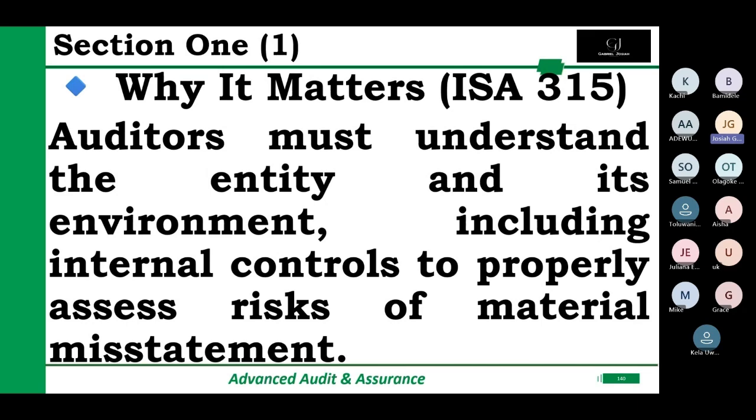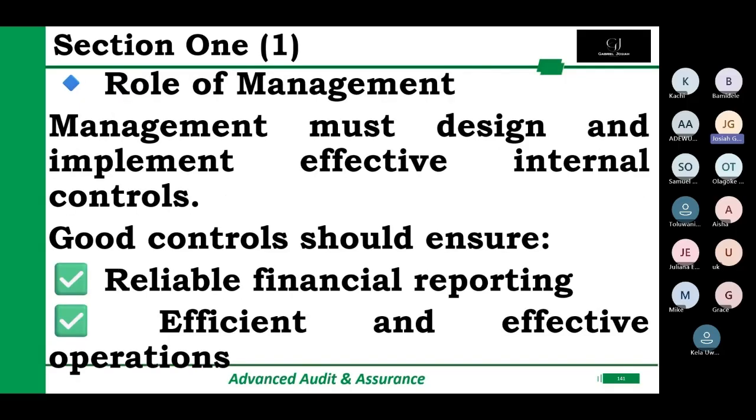And it matters because ISA 315 provides clarity, and auditors must understand the entity and its environment. So in carrying out your audits, if you don't understand the business, its entity, and the controls, you may not be able to audit that environment, which includes the internal controls, to properly assess risks of material misstatements, which is very important.